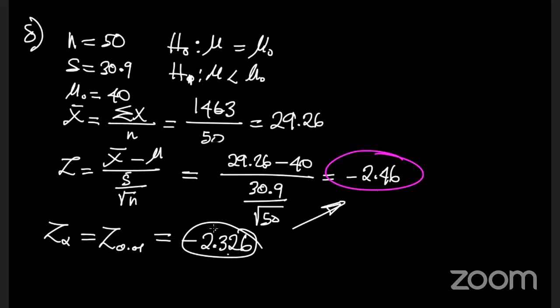So since the Z test value is beyond the critical value, 2.326 is actually less than 2.46.